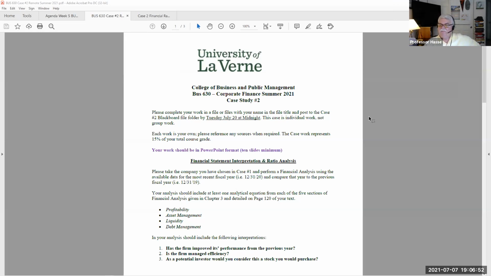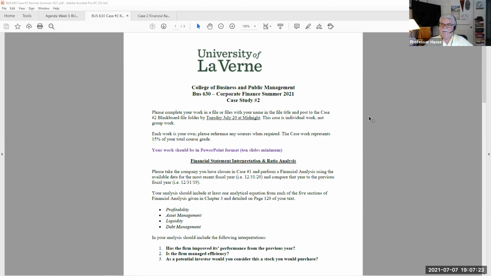A lot of you did that very well in case number 1. You looked at the numbers, you looked at the evaluation, and you explained what the company is going to look like in the market. You looked at what the company's organizational risk is. You looked at the company's risk to various different types of factors. You interpreted it. You put in the numbers, but then you thought and explained something.